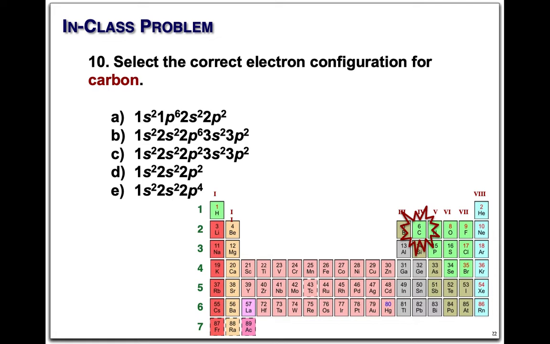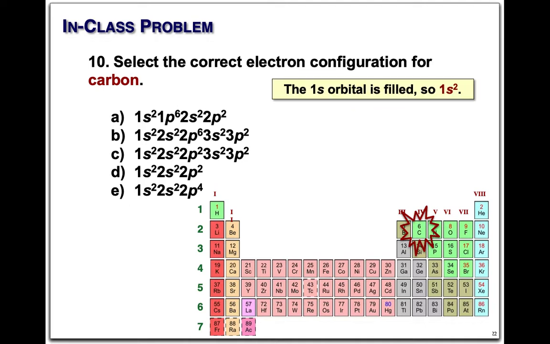That means, because it's in the second period, that the first period is totally full. The first period can hold 2 electrons, and we show that as 1s2. Now we look at our answers, and will they all have a 1s2? Shoot. Okay.